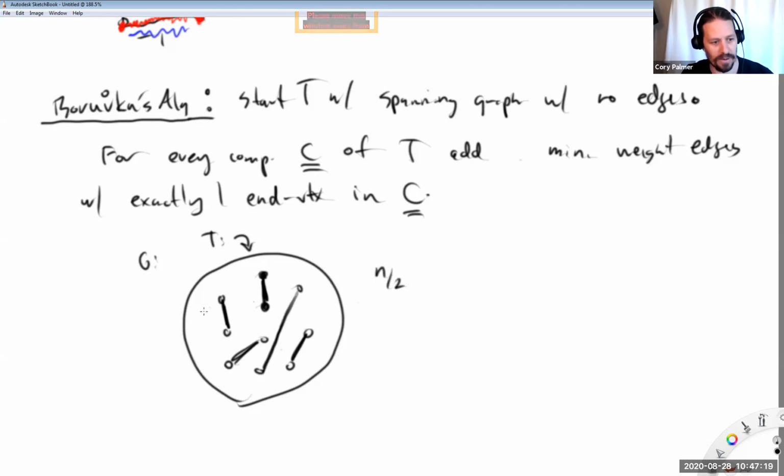Now in the second step, I've got half as many components, and I'm going to add a minimum weight edge among pairs of components as well. I haven't written out Borůvka's very nicely here, which makes it a little hard to understand, but you can add minimum weight here, here, and here. And each time I add these edges, what happens?